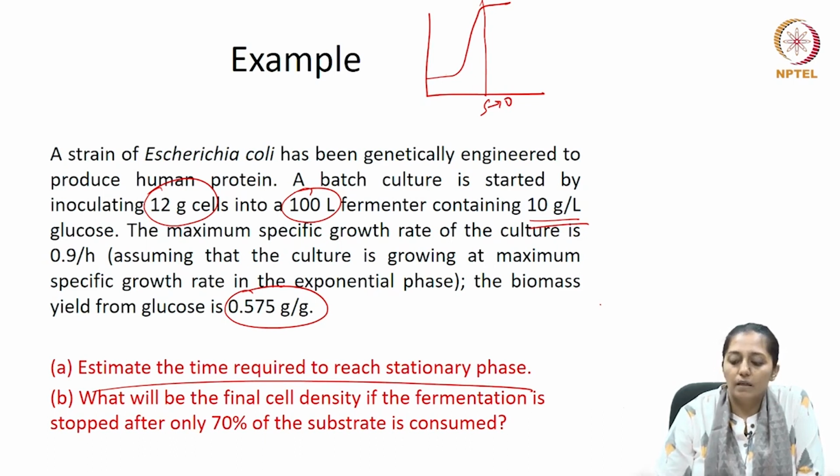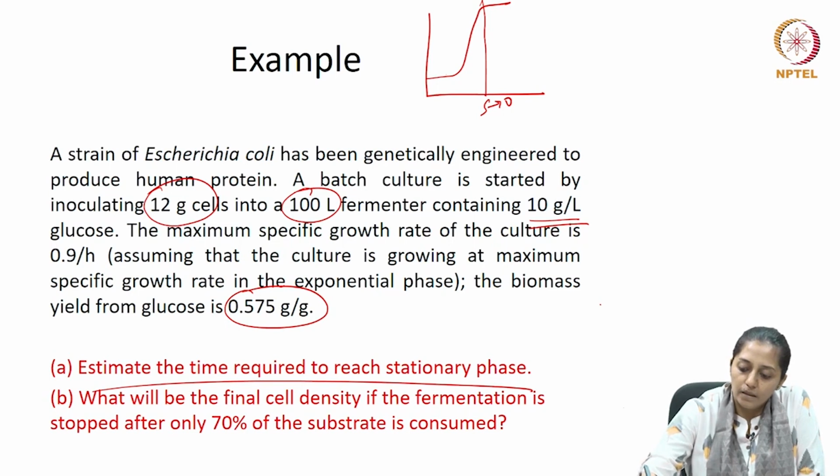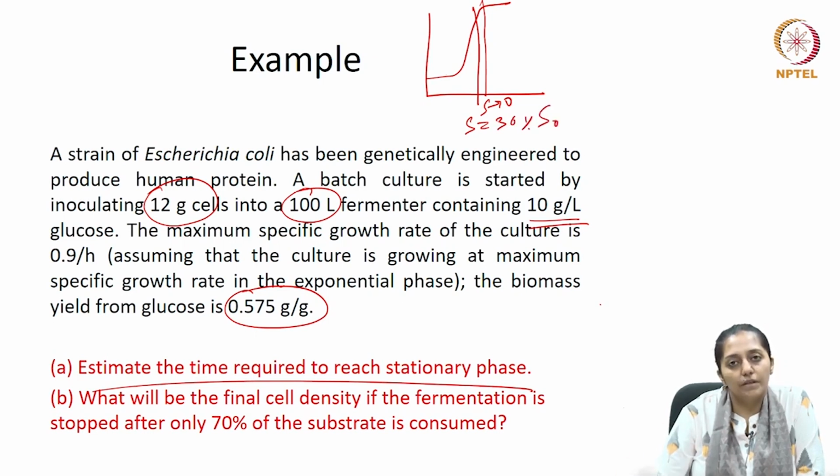Now, they are saying rather than assuming that, what if the reactor is harvested when the final substrate concentration is 30% of the initial substrate concentration, then only 70% of the substrate is consumed. So, now you know the initial substrate concentration and you know the desired conversion, which is 70%.